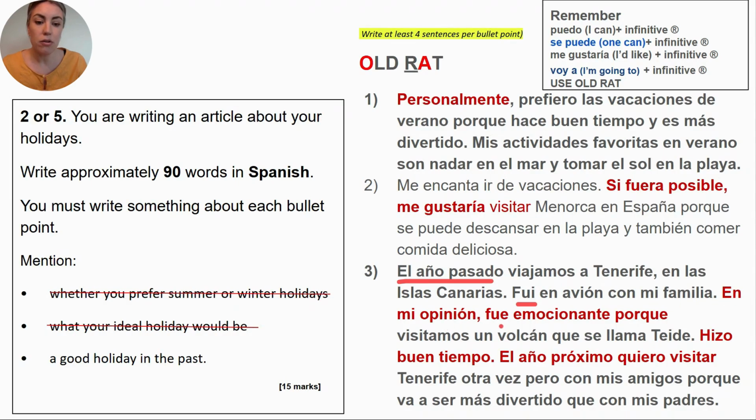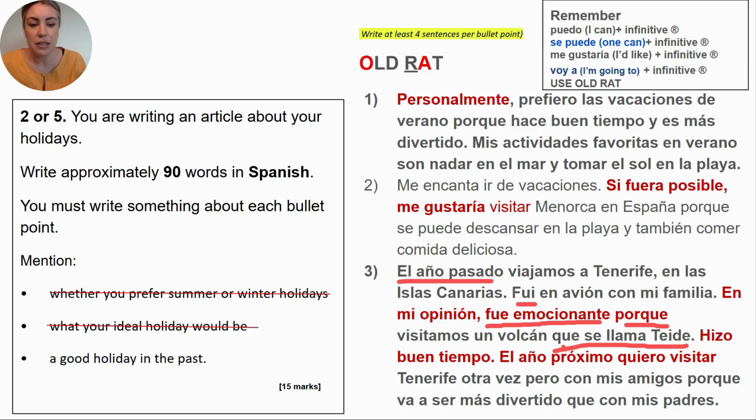En mi opinión, fue emocionante. It was exciting. And then why? Porque visitamos un volcán que se llama Teide. Que se llama Teide is quite an advanced structure, referring to the volcano: a volcano which is called Teide.